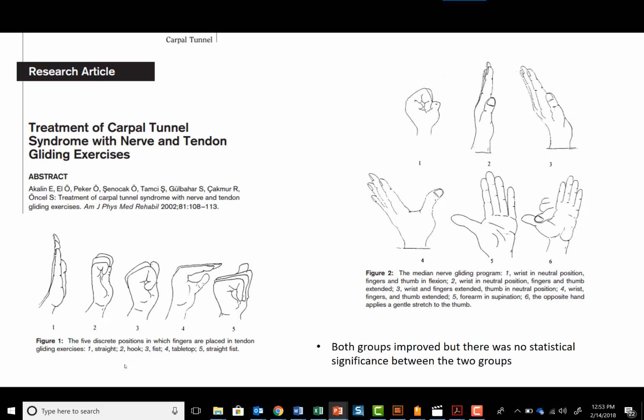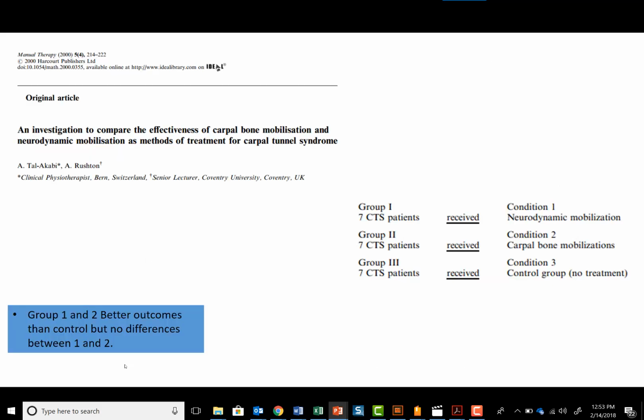So you start in a fist position, move into a straight fist, extension, extend the thumb, and then add overpressure of that thumb, which is thought to mobilize the median nerve in there from a local perspective. Now, in this study, they looked at median nerve gliding versus tendon gliding. No significant differences between the two groups, however, both groups had significant improvements.